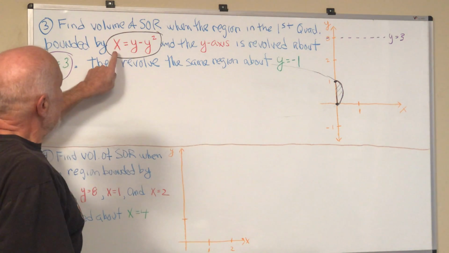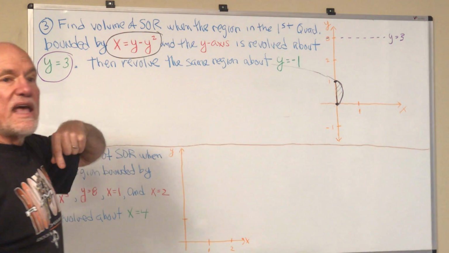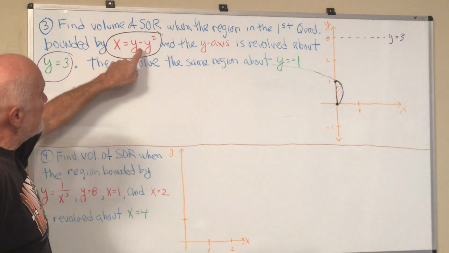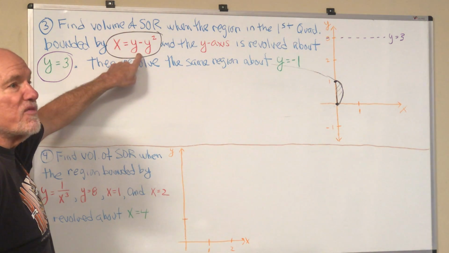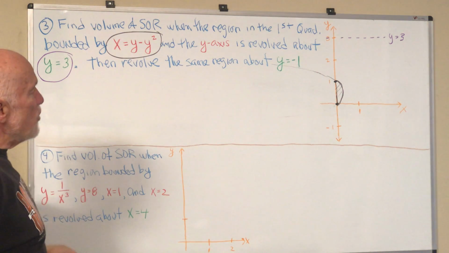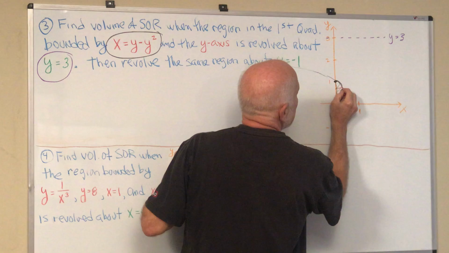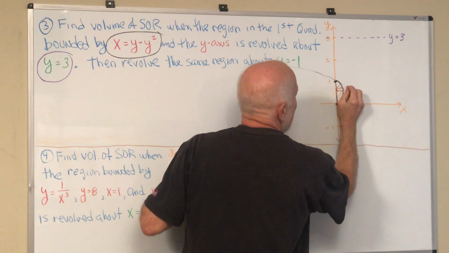Now here's one that is solved for x, and we can't solve it for y. There's no way we can algebraically solve this for just y in terms of x. So we have no choice but to make our rectangle on the side. So that's going to be dy.